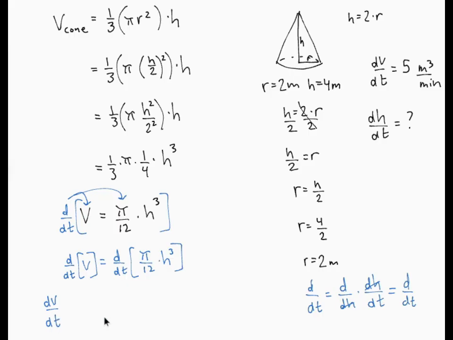Derivative with respect to t of V will be dV over dt, but we could also write the step similar to the right side of the equation. So derivative with respect to V of V times dV over dt.